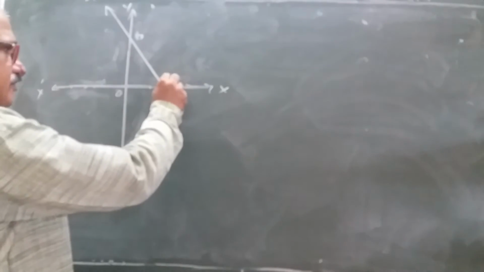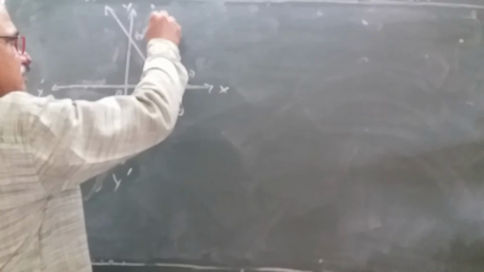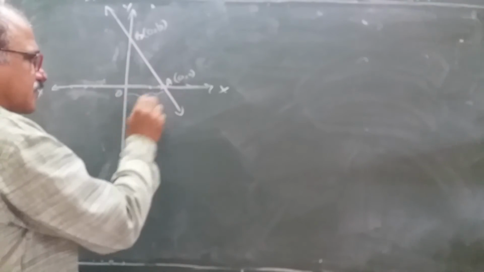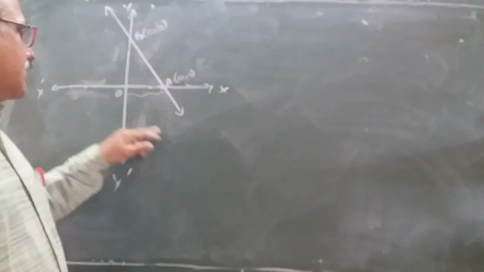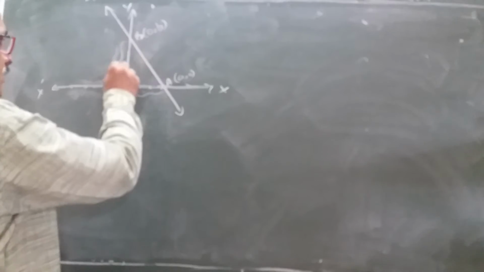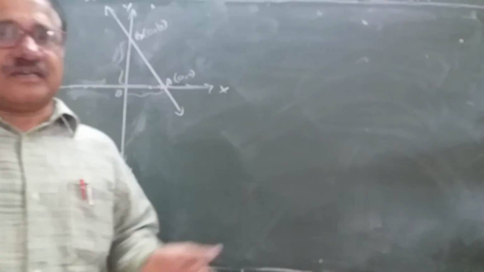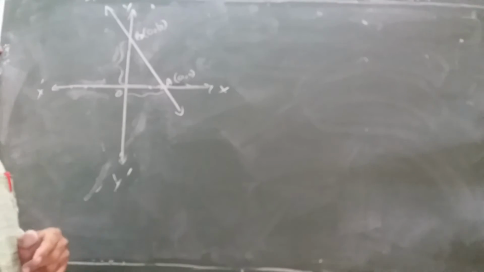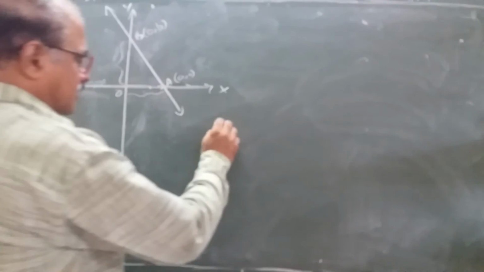If the coordinates of A are (a, 0) and B are (0, b), then the distance between the origin and the intersecting point on the x-axis is called the x coordinate, and the distance between the origin and the intersecting point B on the y-axis is called the y coordinate.